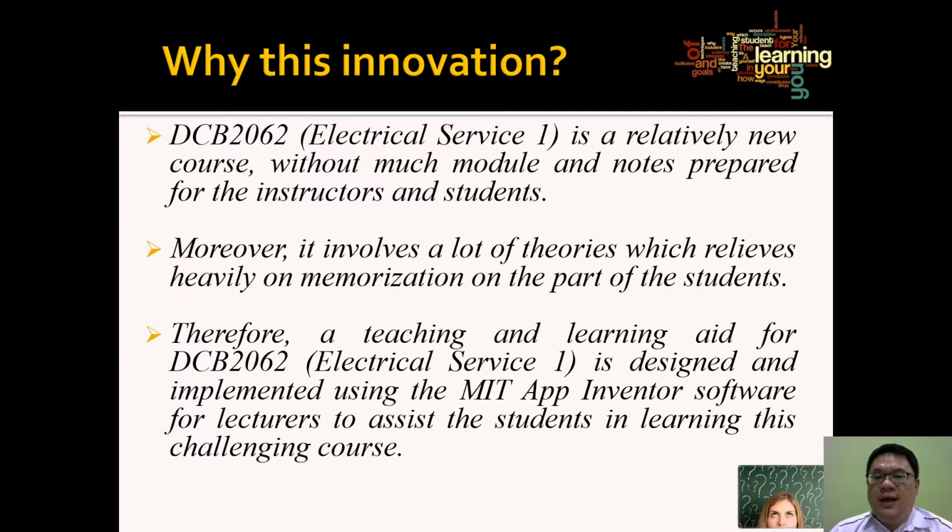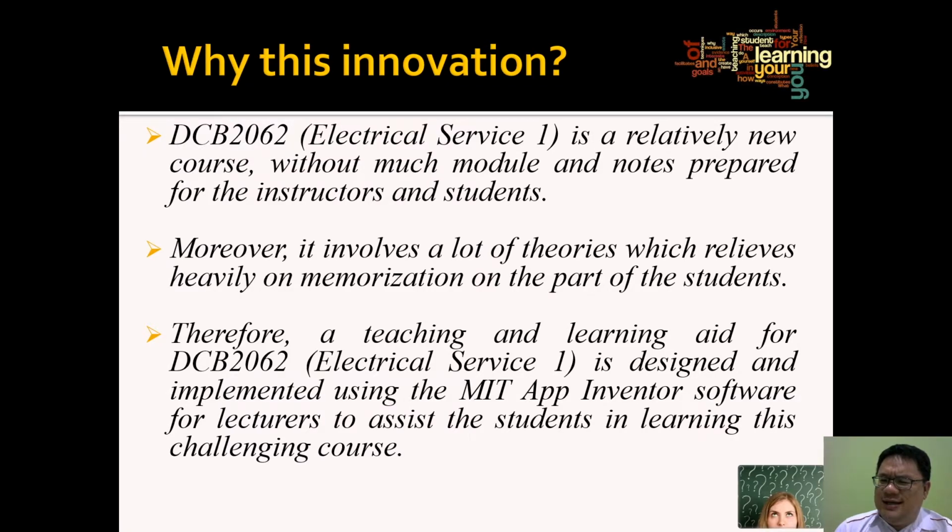So, why is this innovation important? Because DCB 2062 is a relatively new course. There are not many modules or notes prepared for this course for the instructor and also the students, so we need to create new notes for the students. Moreover, it involves a lot of theories which rely heavily on memorization on the part of the students, which they have difficulties with.